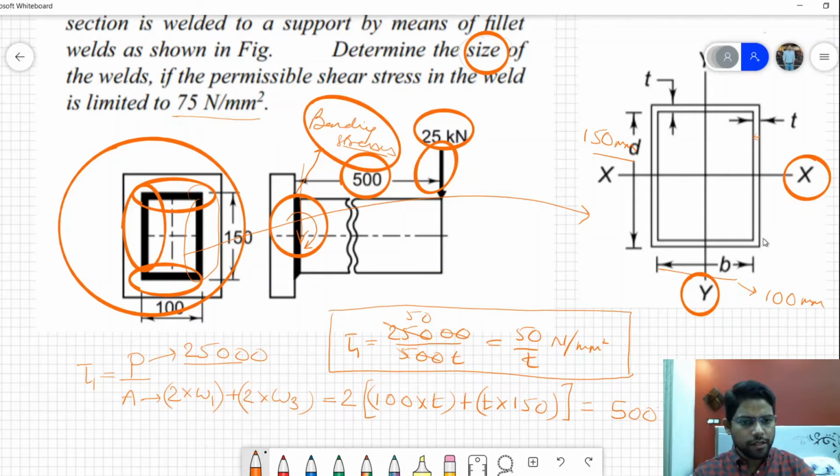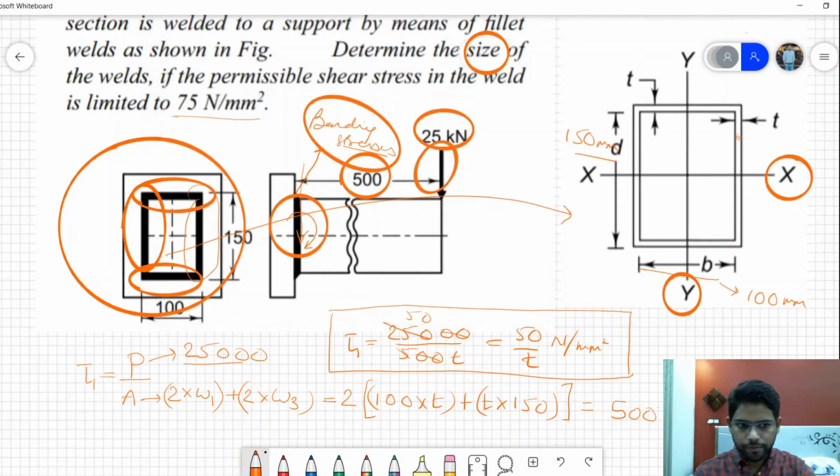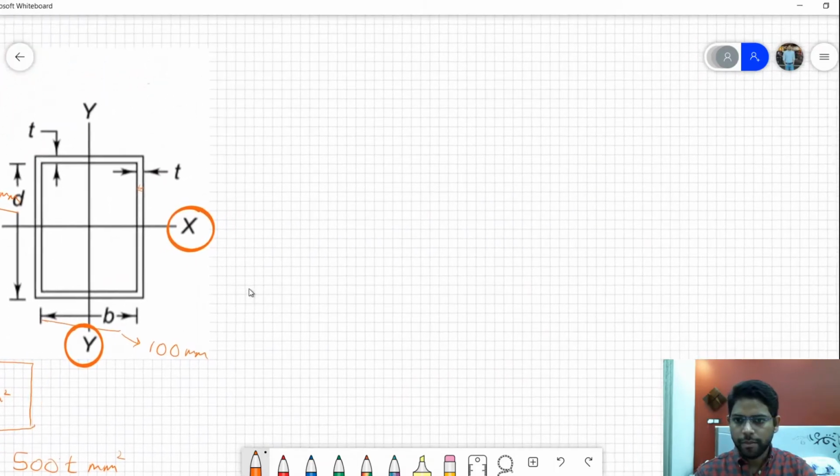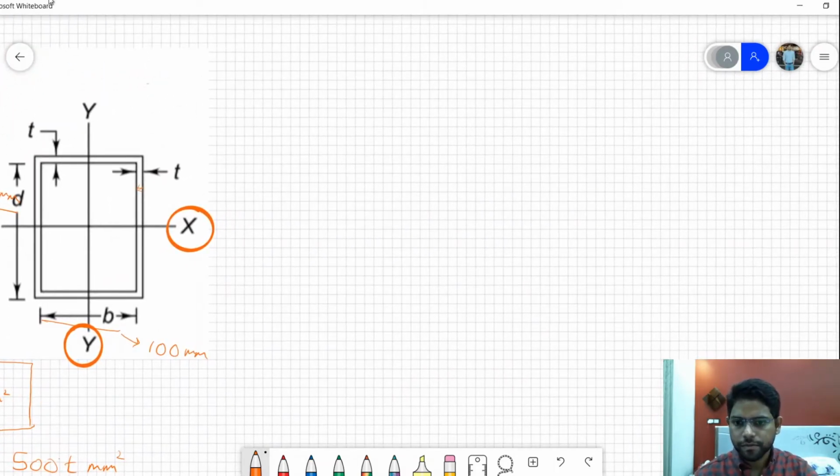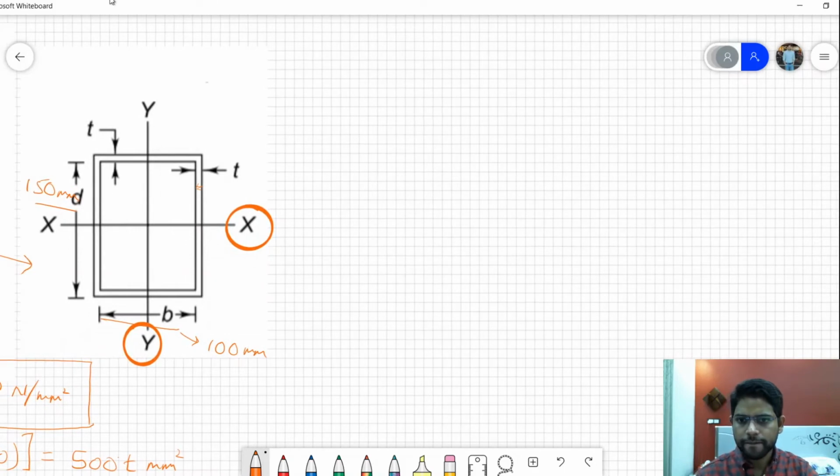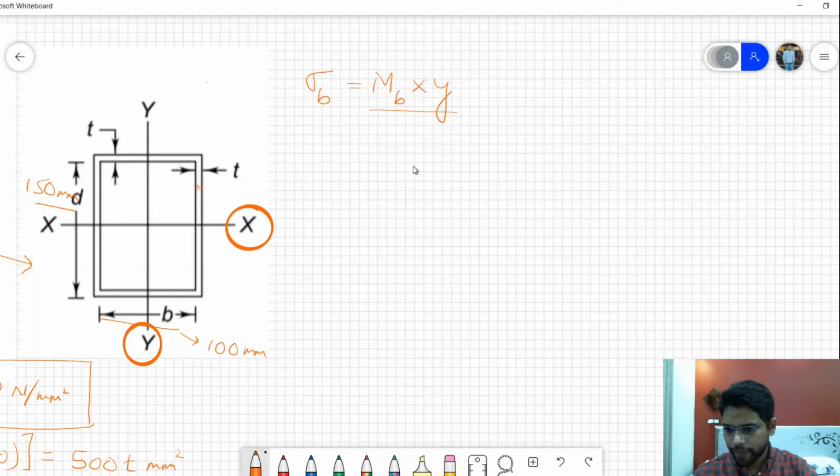Now, in order for us to calculate the bending stresses, we should know the bending moment and the distance y, or the distance from the neutral axis, divided by the second moment of area, Ixx. Now, first of all, let's calculate the bending moment.